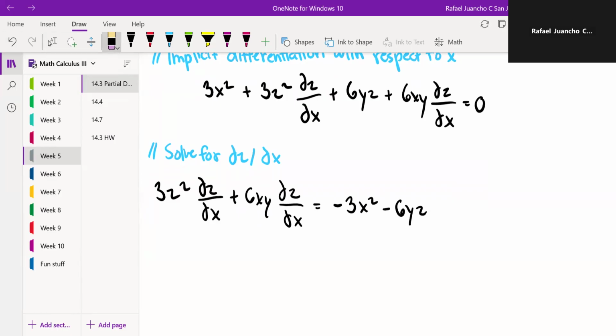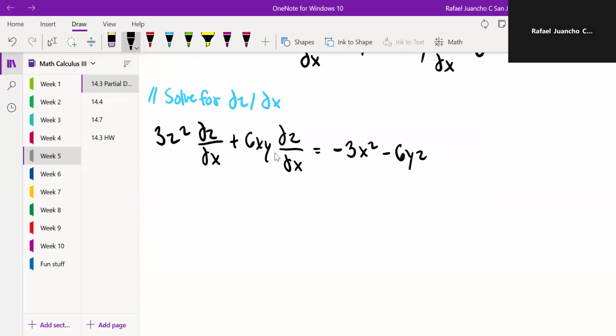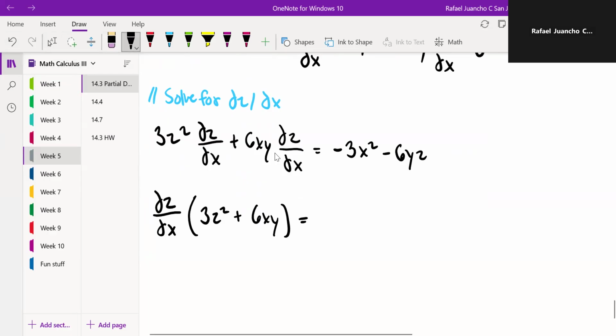That's it. Yeah, I have 4 terms. Then from there, I can factor out some stuff here. I could factor this out. Here's the thing about this notation: you can treat it like a number.